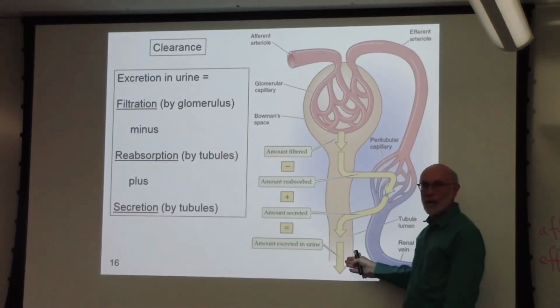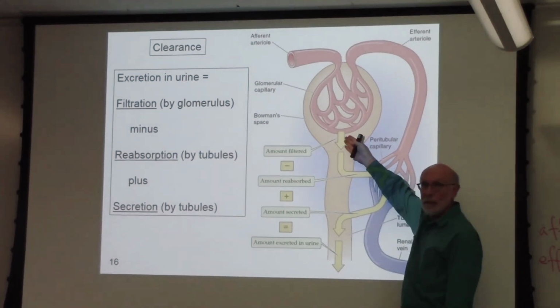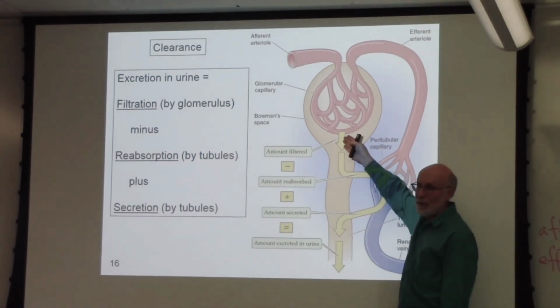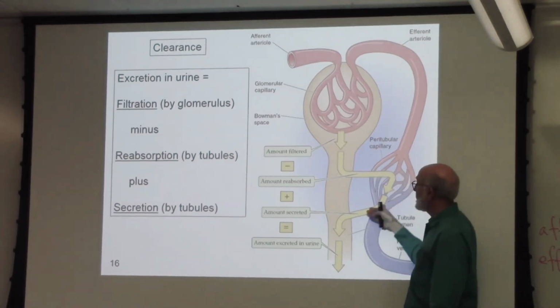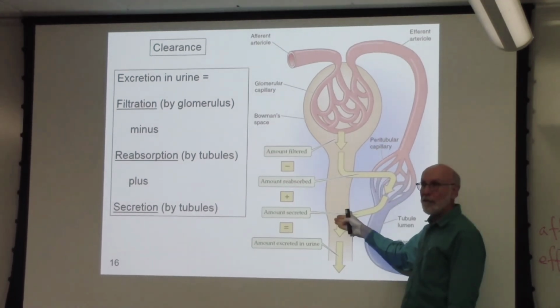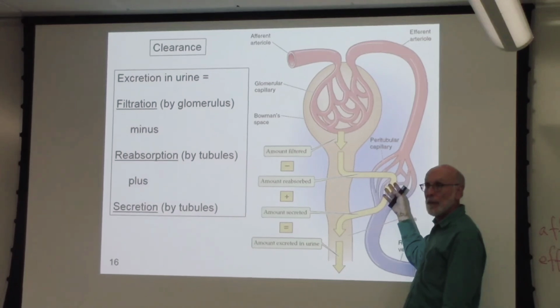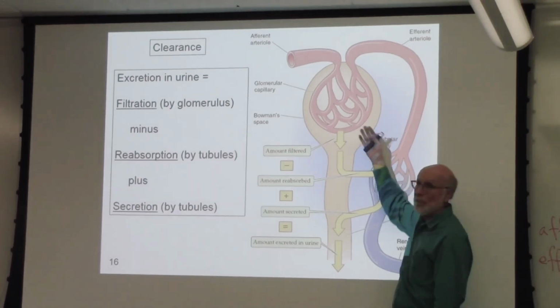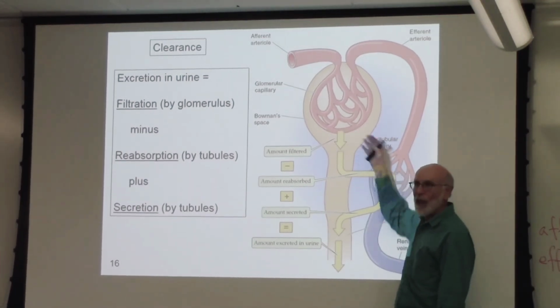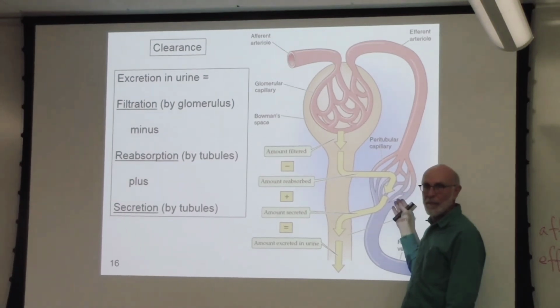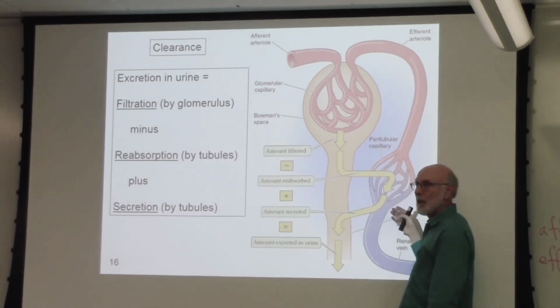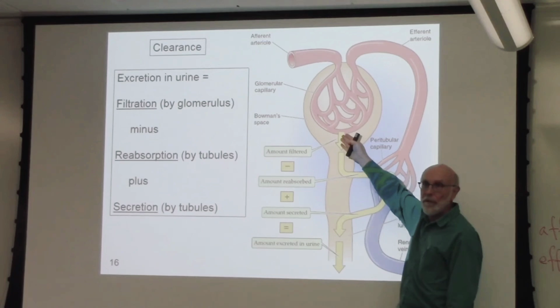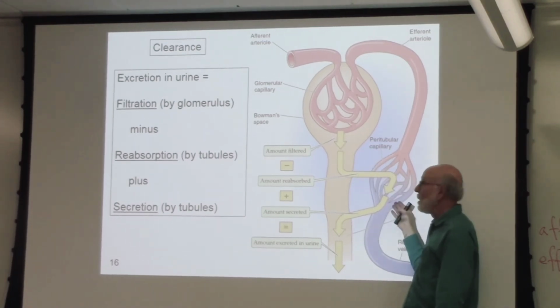So how does stuff end up in urine? We can filter it, or we can secrete it actively from the blood capillaries. Some things are both filtered and secreted. Most things are either filtered or secreted.